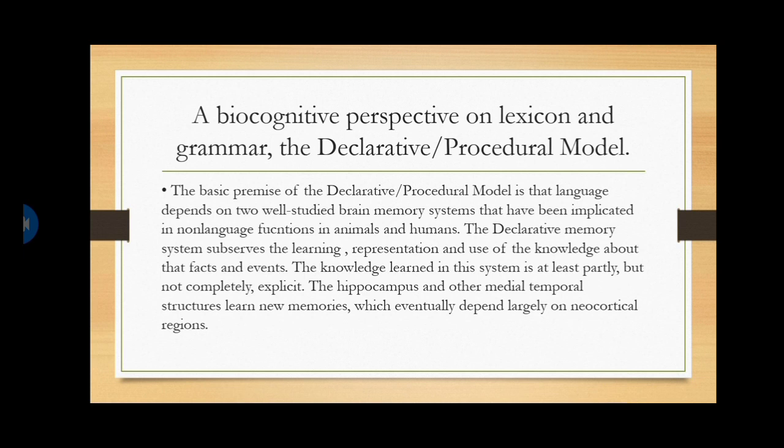A biocognitive perspective on lexicon and grammar: the declarative and procedural model. The basic premise of the declarative and procedural model is that language depends on two well-studied brain memory systems that have been implicated in non-language functions in animals and humans, which are the declarative and the procedural memory.